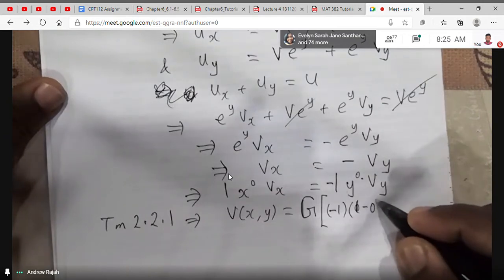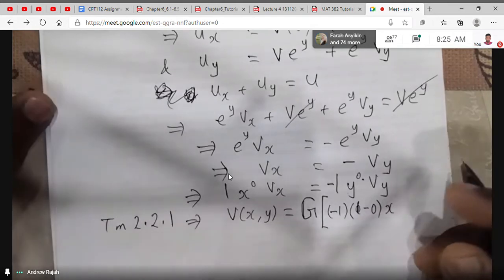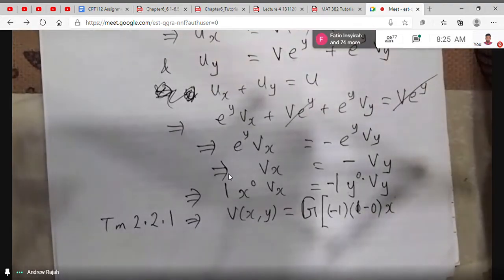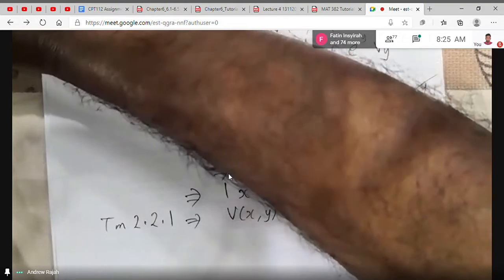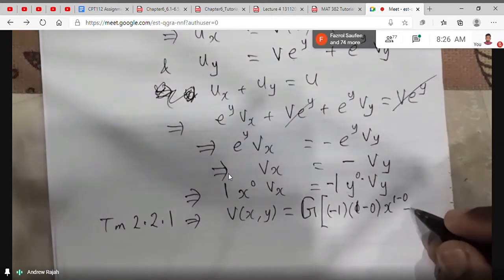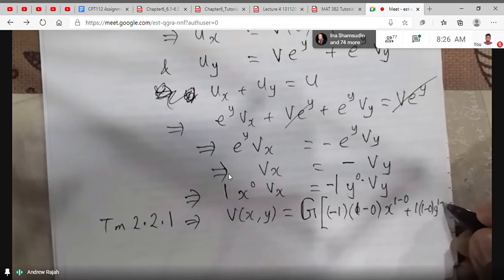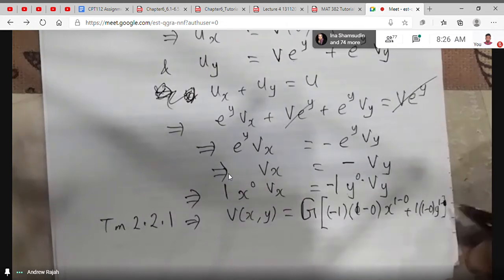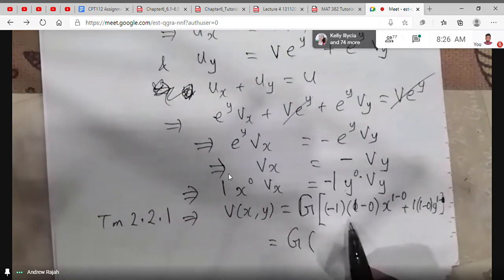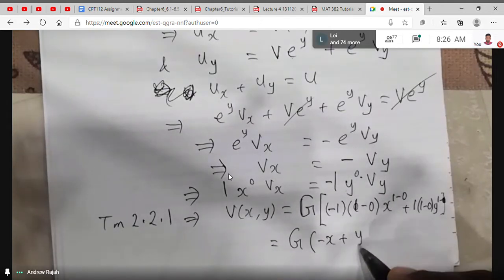Let me check and see, make sure. 1 minus 0, x to the power of 1 minus 0, plus, a 1 minus 0 y to the power of 1 minus 0, which equals g of negative x plus y.